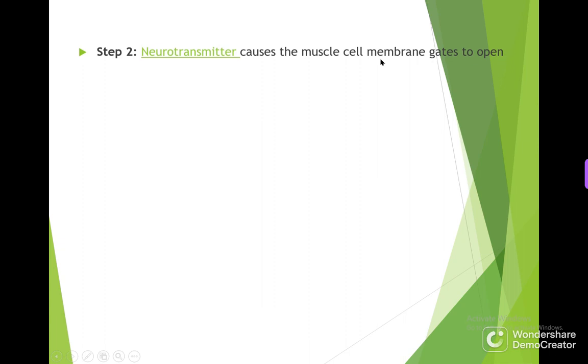What are the gates to open? What are these gates? It should be stopped here. The gates are related to the ionic channels. Every cell definitely has channels, and the channels are specific for a specific cation or a specific anion, and that is called the ionic channels.